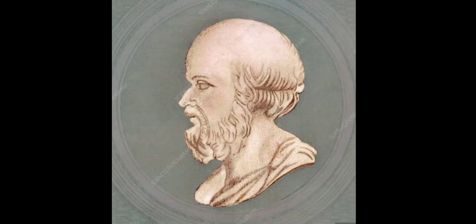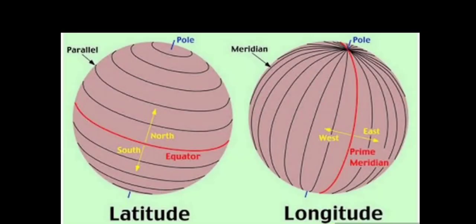An Egyptian traveler, Eratosthenes, had worked to calculate the circumference of the Earth, and he realized that any place in the world can be pinpointed properly with a basic grid of horizontal and vertical lines called latitudes and longitudes. These latitudes and longitudes are used as the reference point to find out the location of various places.